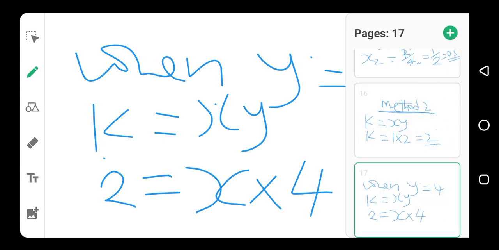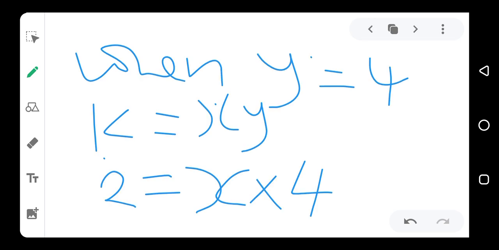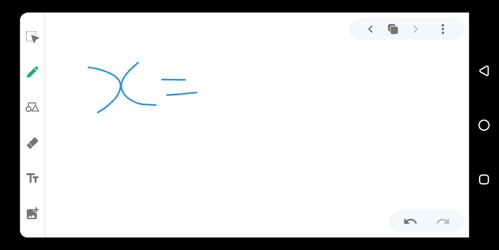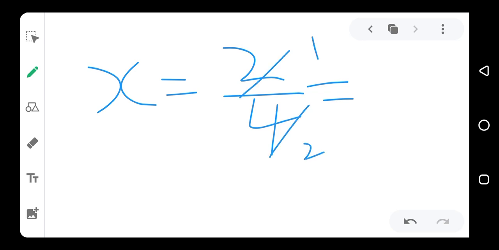So it means that if you make x the subject of the formula there, x is equal to, we take the 4 to the other side, it has times here, so it becomes division there. x is equal to 2 over 4, which is equal to 2 go 1, 2 go 2, which is equal to 1 over 2, which is 0.5.